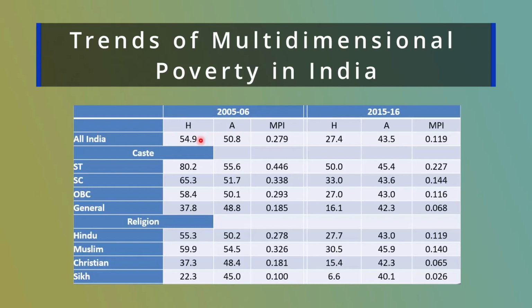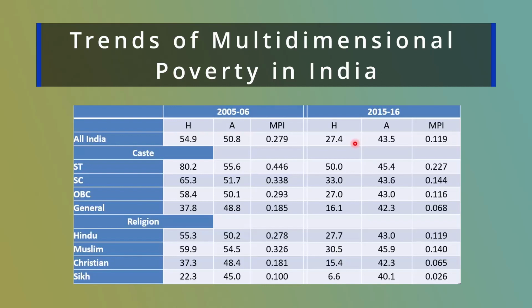If you consider the multidimensional headcount ratio, then the multidimensional headcount ratio all over India decreased from 54.9% in 2005-6 to 27.4% in 2015-16. If you consider the intensity of the multidimensional poverty, meaning to what extent multidimensional poor people are deprived, then this intensity also decreased during this period from 50.8% to 27.4%.